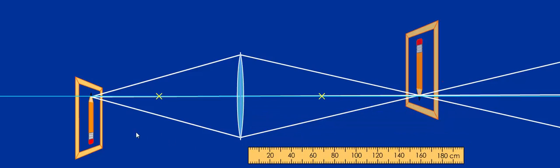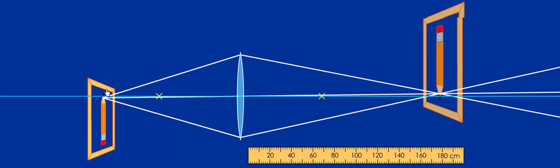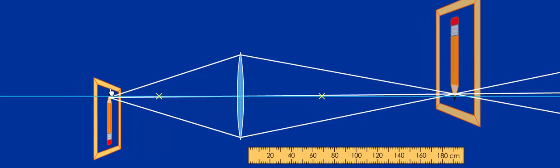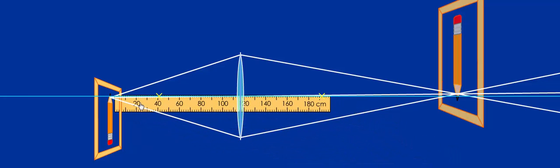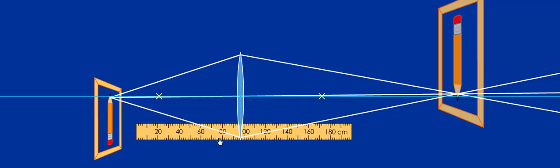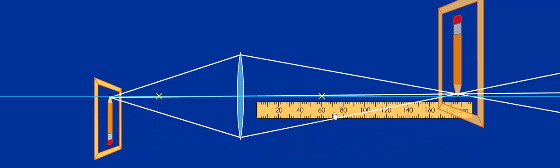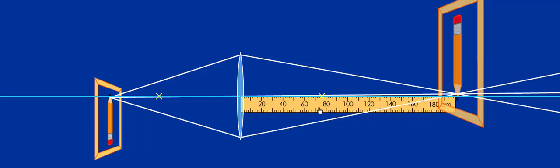Okay, let's do the fourth trial. That's the new object position. Let's measure the object distance. Measure the object distance now. All right, I'm going to move the ruler out. Measure the image distance now.